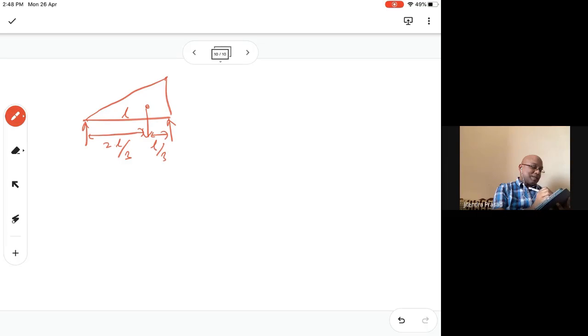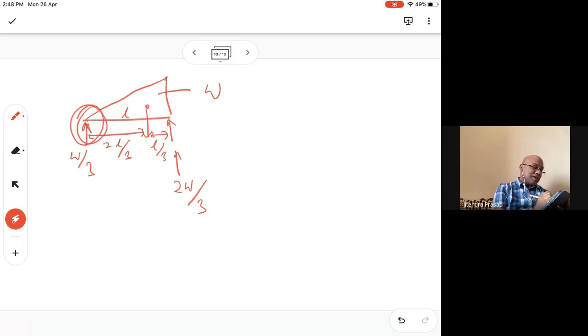And if let us say total weight is W, then you know that the reaction here will be W/3, and the reaction here will be 2W/3. And why? Because you have to balance the moment.